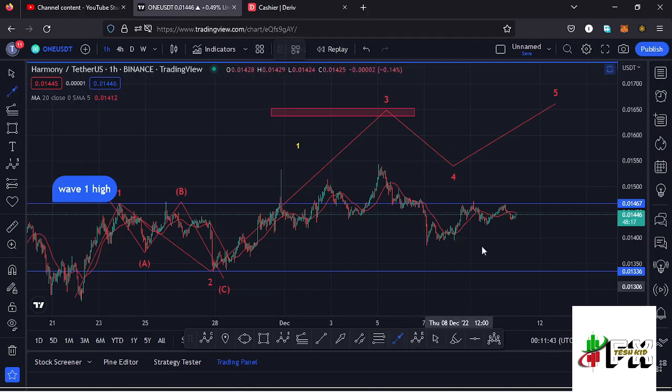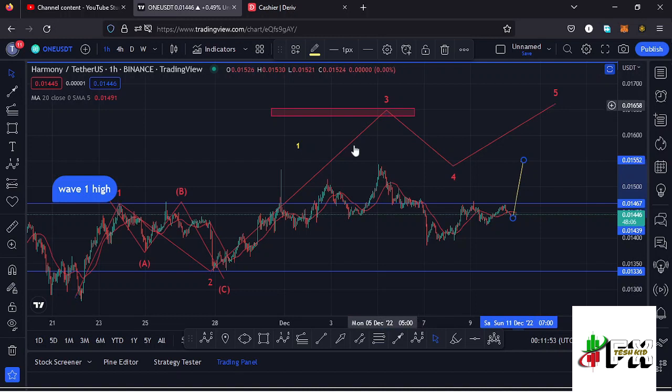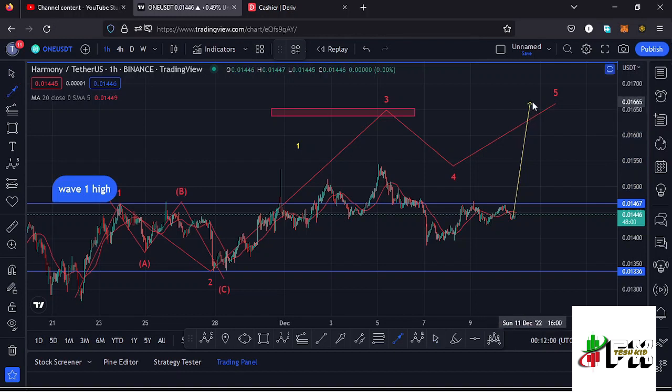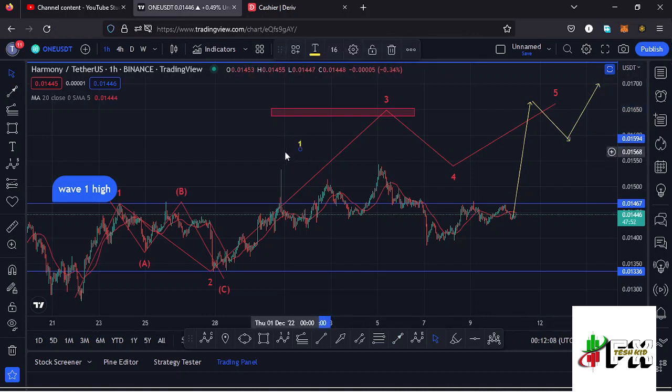Once we manage to break above the 20-day MA and also the wave 1 high, then there are chances of continuing to push even higher and also regain our impulsive nature in the formation of that wave 3. Once we fully maximize the formation of that wave 3, then we can expect a bit of a retracement in the formation of our wave 4 and then continue pushing even higher in the formation of that wave 5 to fully maximize the formation of that higher Elliott wave count 1. So that is my short-term scenario that I'm expecting to play out here on the HARMONYONE chart.